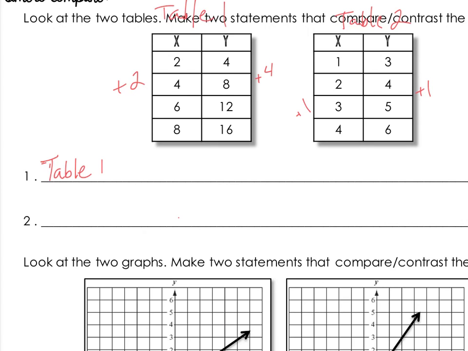So table 1 and table 2 are both going up by different numbers, but they're both going up the same amount each time within each table. So I'll say table 1 and table 2 both increase at a constant rate.